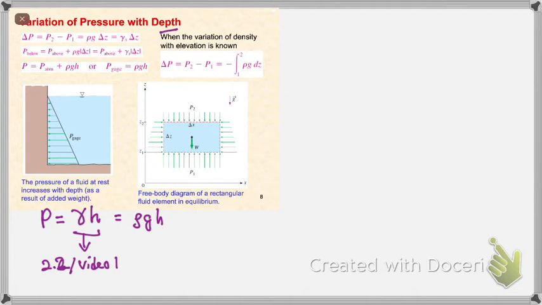So here we see our first equation: P equal to gamma H, or equal to rho G H.